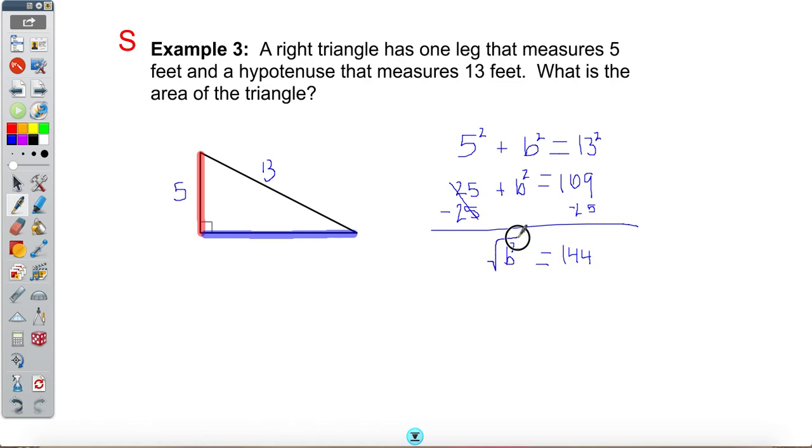To get b by itself, we just take the square root. So b is equal to 12 feet. If you got something besides 12, go back and look at what you did and see if you can identify the part where your answer or path changed from mine.